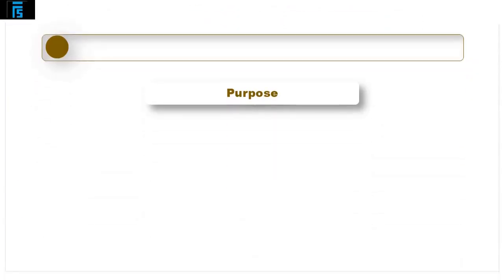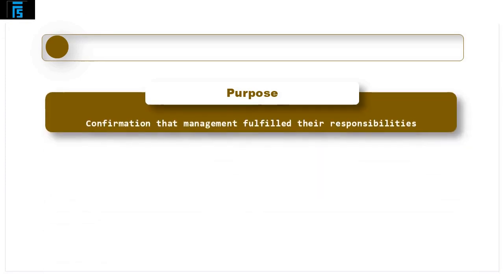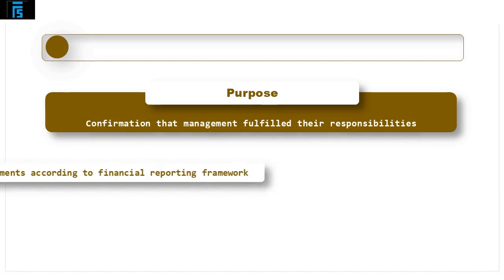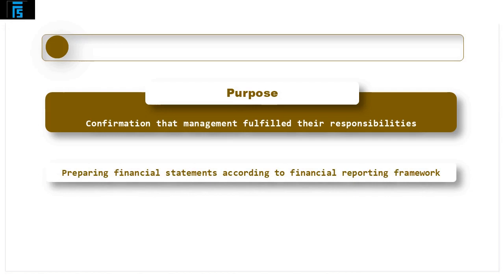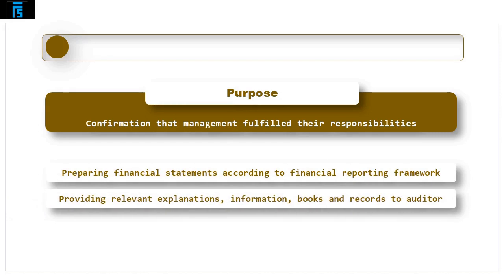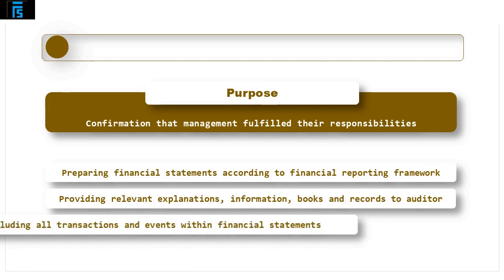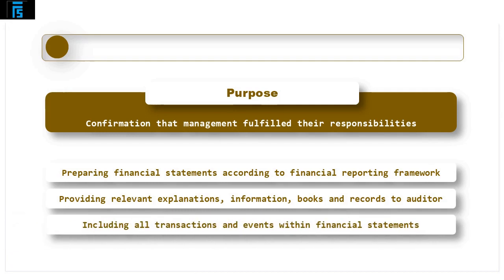The purpose of written representations as evidence is to obtain confirmation that management have fulfilled their responsibilities in preparing the financial statements. This includes preparing the financial statements in accordance with financial reporting frameworks, providing relevant explanations, information, books and records to the auditor, and including all transactions and events within the financial statements.